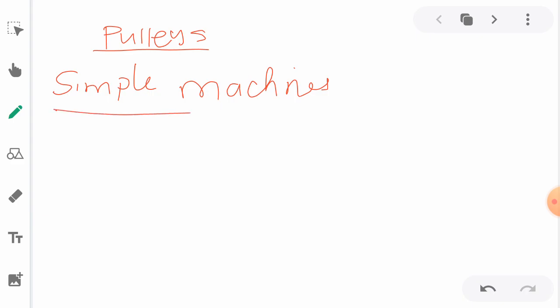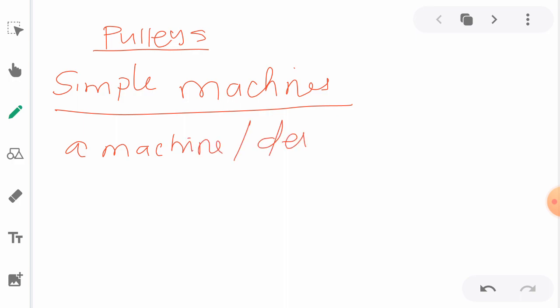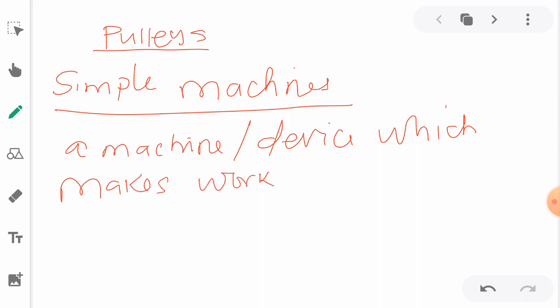is a pulley. Now a simple machine is a machine, usually a small device, so a machine or a device which makes work easier.